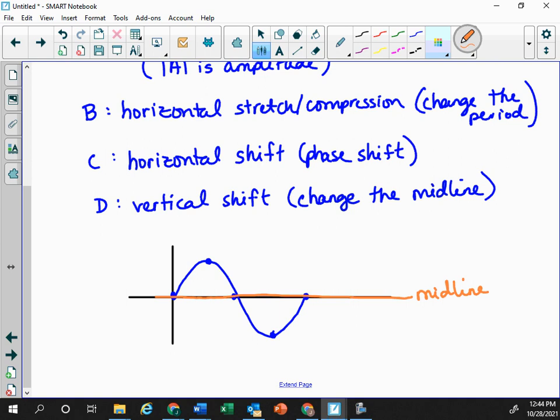It is the middle line, okay? Don't overthink it. It's like changing the x-axis. So it's a vertical shift.